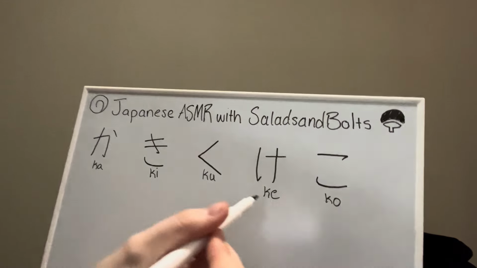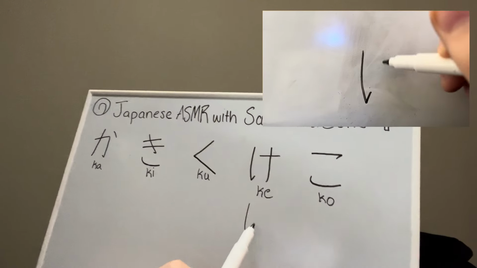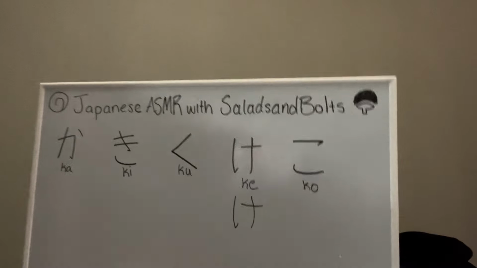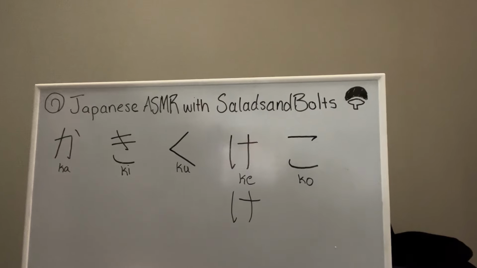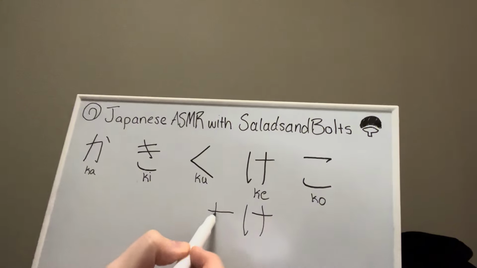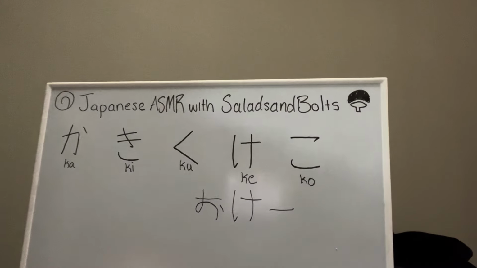Next is ke. The way that you draw ke is 1, 2, 3. Ke. I don't really have anything for ke other than if you put this o in front of it, you can write okay.